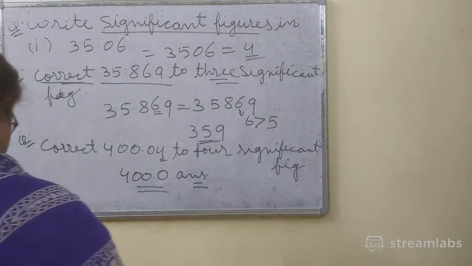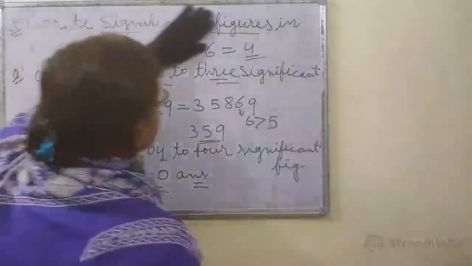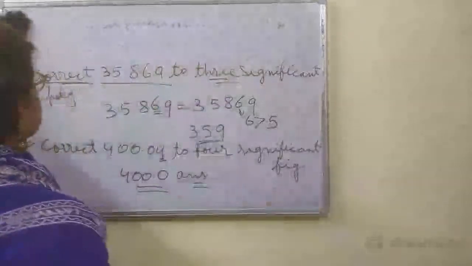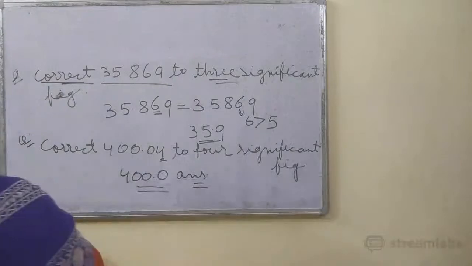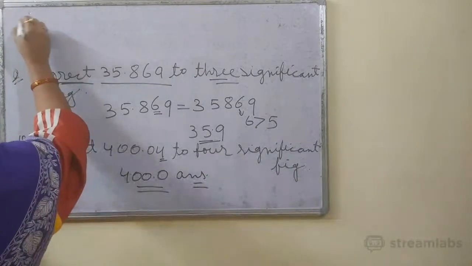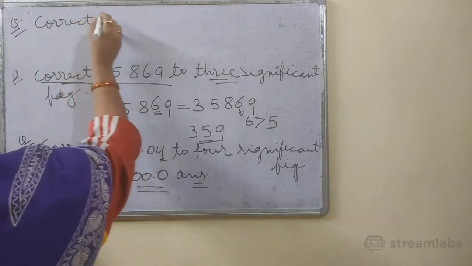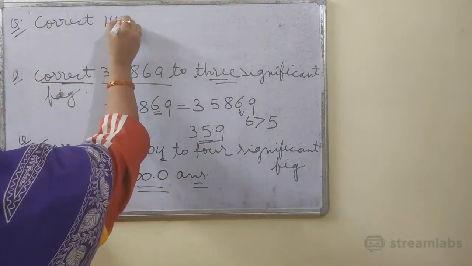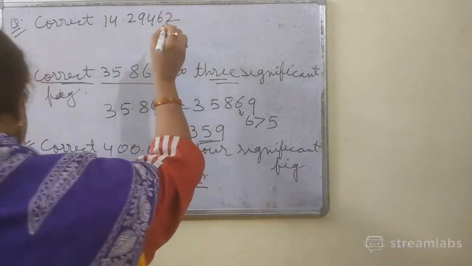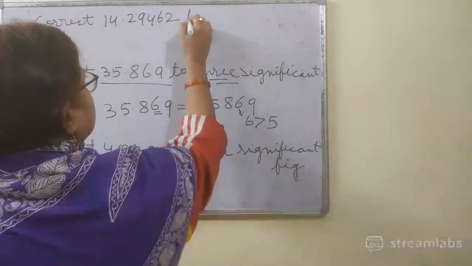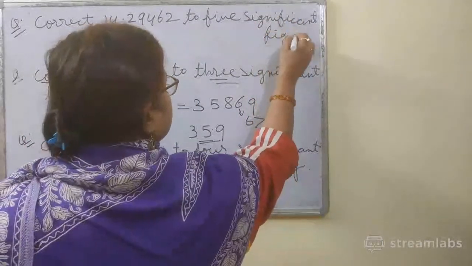Clear? Now next, we have done 3, we have done 4. Now I am going to do 5. When it is asked about 5, how will we do it? Correct 14.29462 to 5 significant figures.